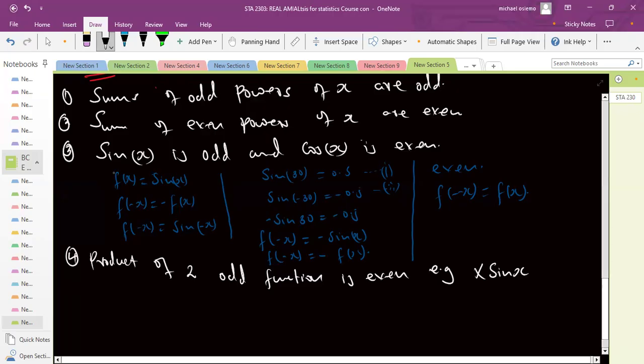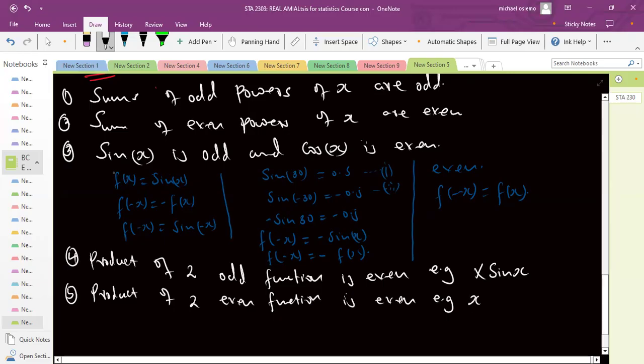Then also you have number 5, the product of two even functions is still an even function. For example, you can have two even functions, like x squared, which is an even function.